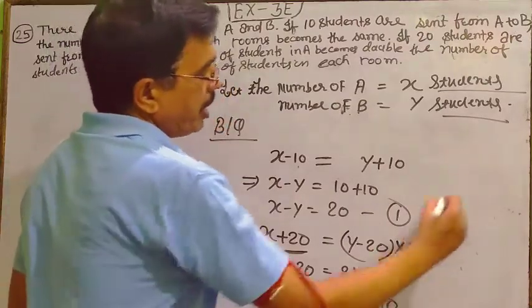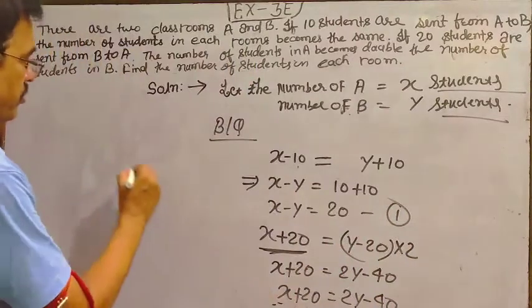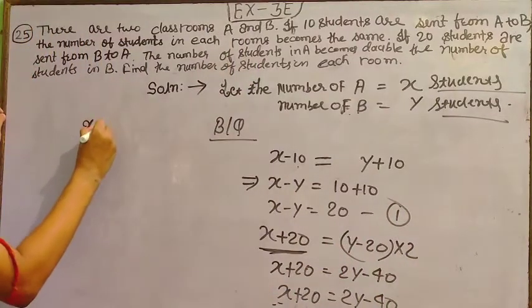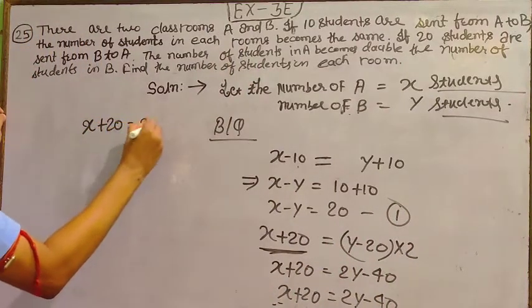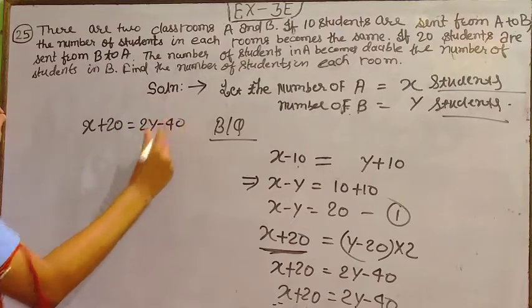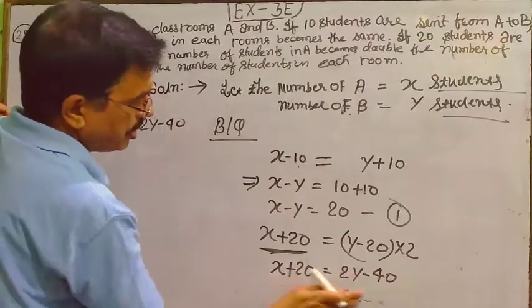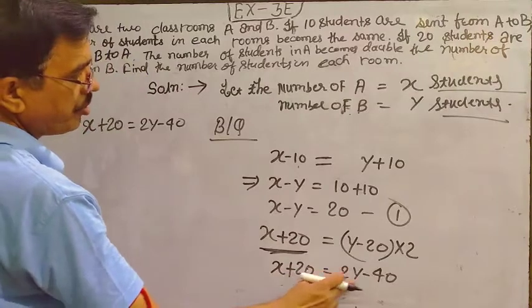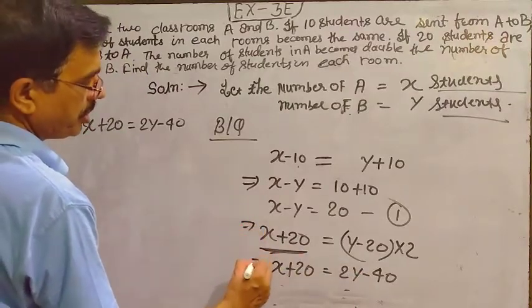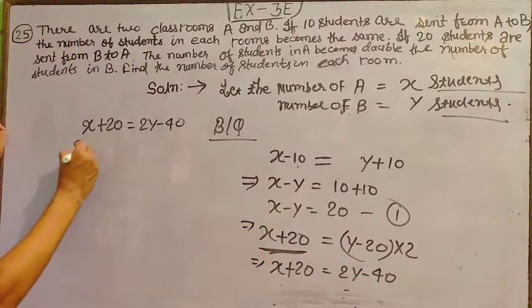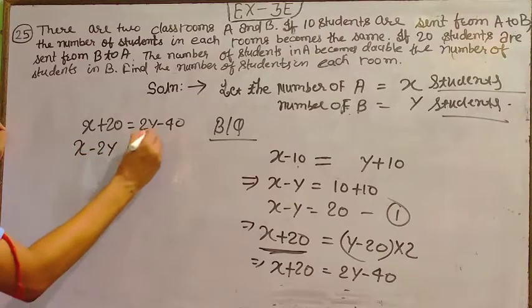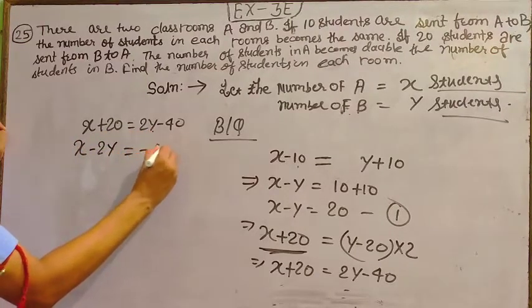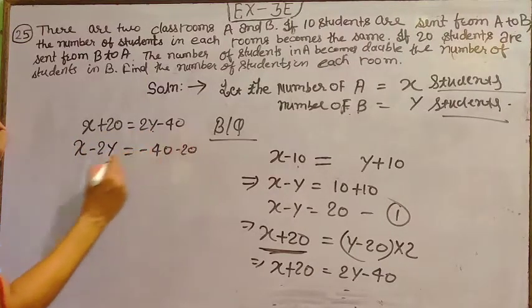Now we solve here. X plus 20 is equal to 2y minus 40. Then you write here X minus 2y is equal to minus 40 minus 20.